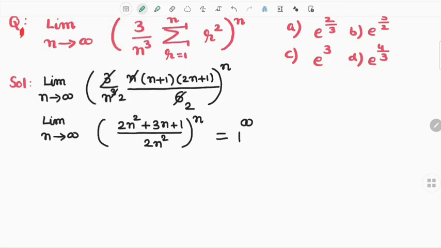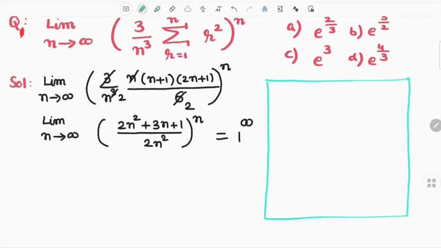So here I am going to mention that formula.